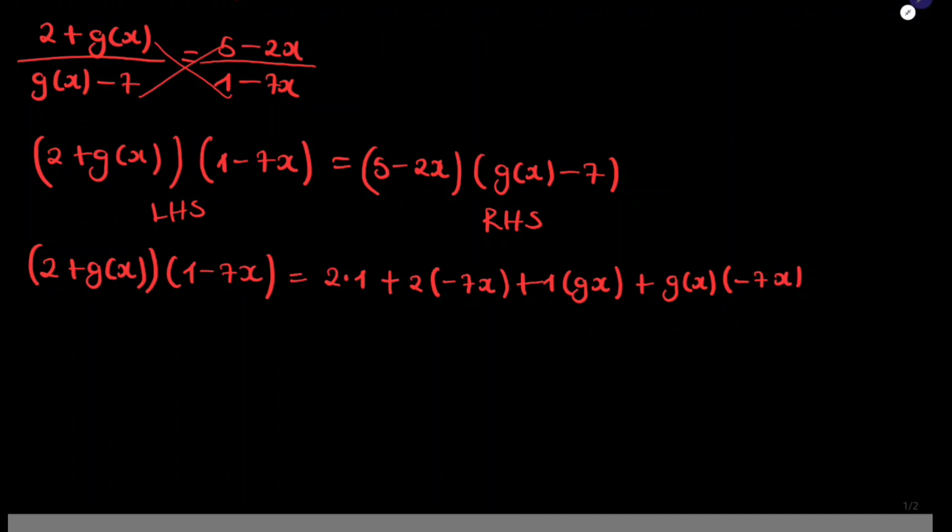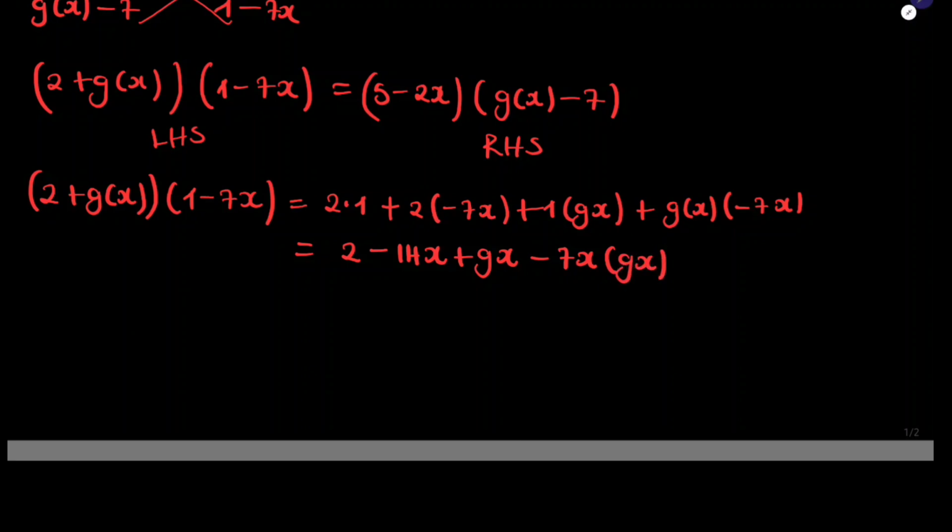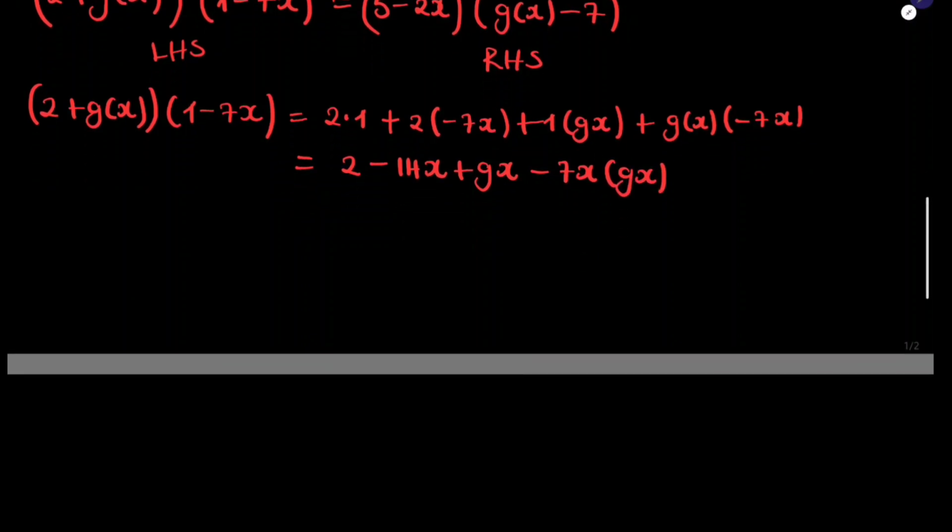Okay, so that is what we have. So let me simplify this. So this is 2 - 14x + g of x - 7x times g of x. Okay, so that is our left hand side.